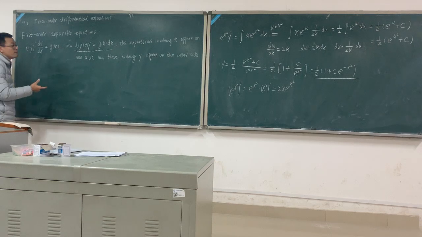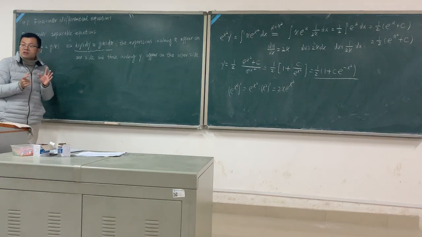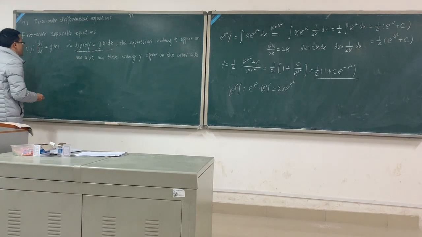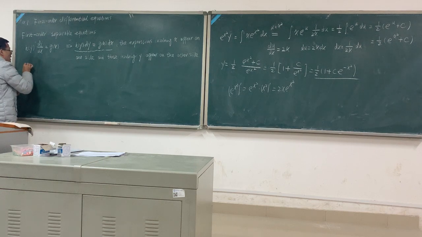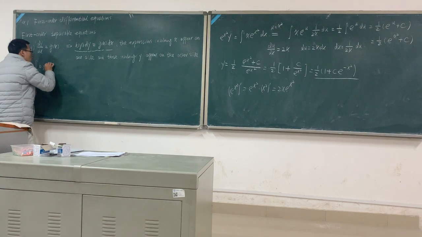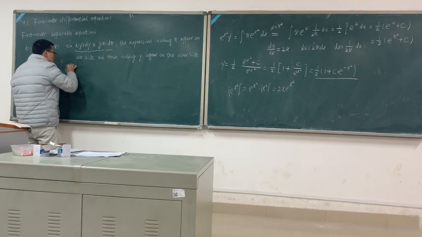So how to find the solution? We just need to integrate on both sides. So here the antiderivative of h(y) dy equals the antiderivative of g(x) dx.